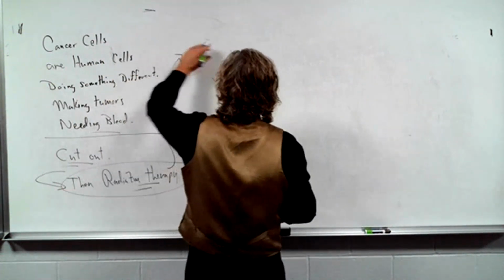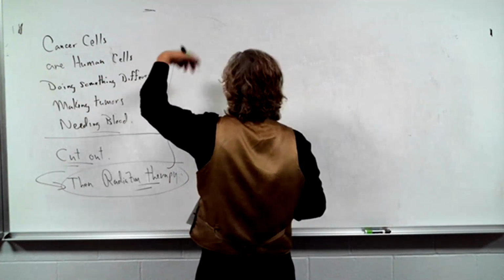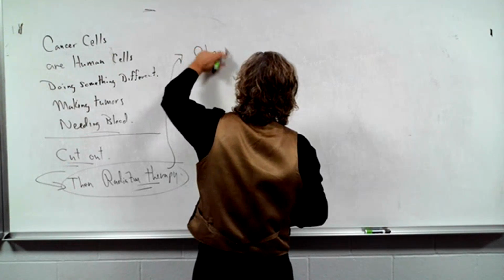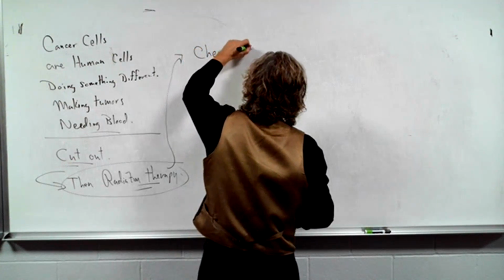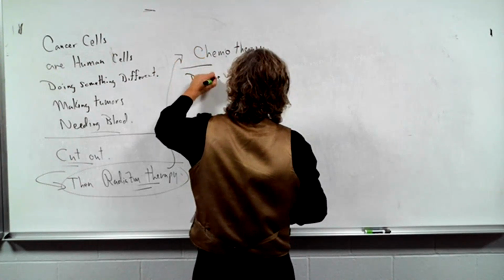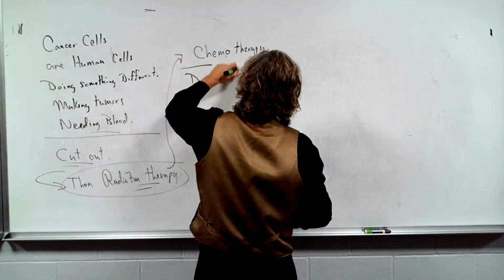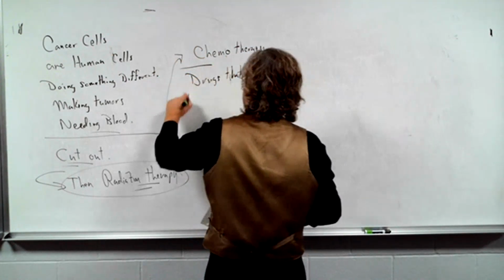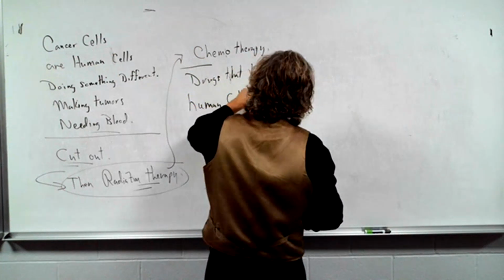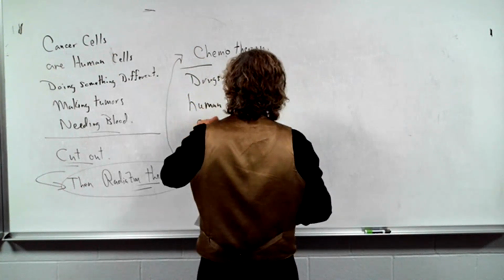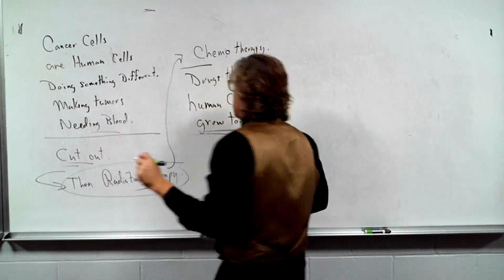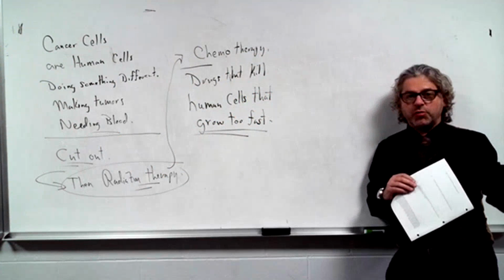And then, of course, drugs is what I'm into at this particular point in this particular topic. Then you have chemical therapy. Chemotherapy. And these are usually drugs that kill human cells that grow too fast.